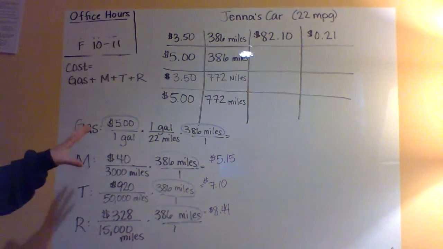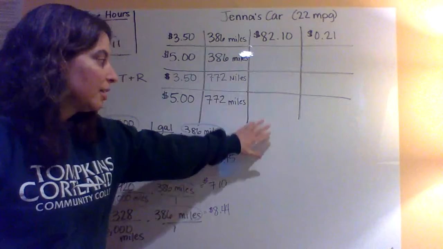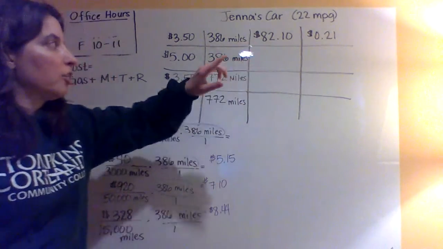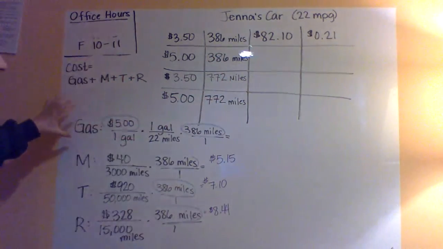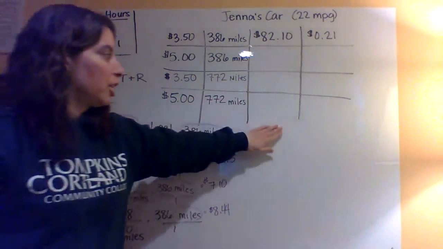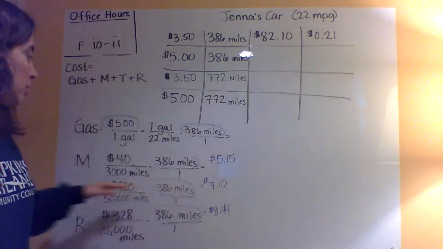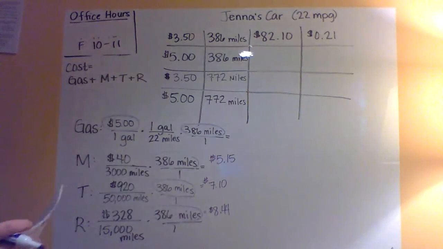So pause the video for a minute, figure out your new gas price, add this up to get your total, and then figure out cost per mile. Okay, so you're going to use this new $5 to figure out your gas price. You're going to add all these other costs up to get your total.